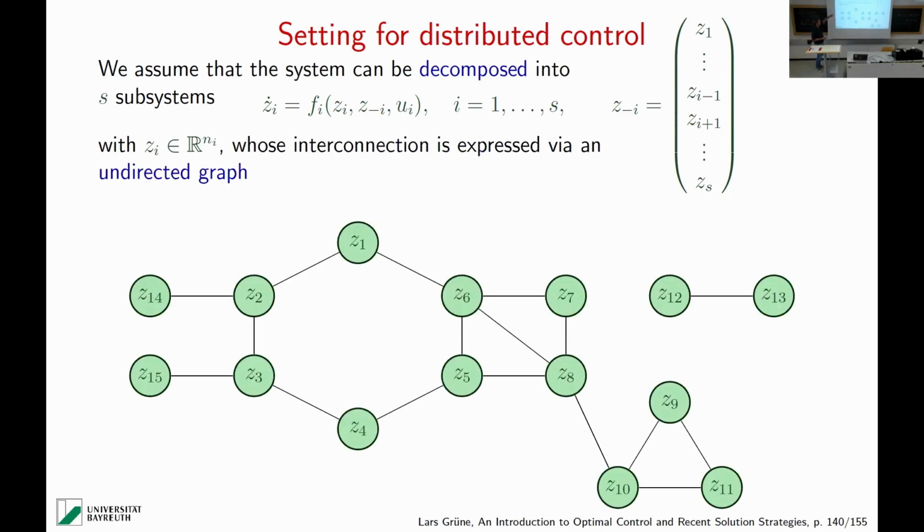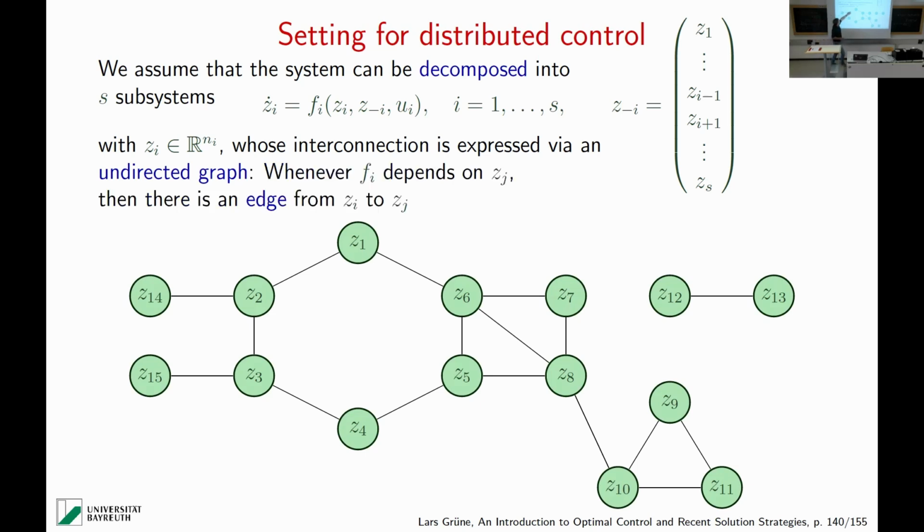The next part is we now express the interconnection via a graph. And this tells me which variable appears where. So let me explain this. Whenever Fi depends on Zj, then we have an edge here. Formally, this Z minus i contains all the other Zs, but in practice, not all of them may appear here. Whether they appear multiplicatively or additively doesn't play a role.